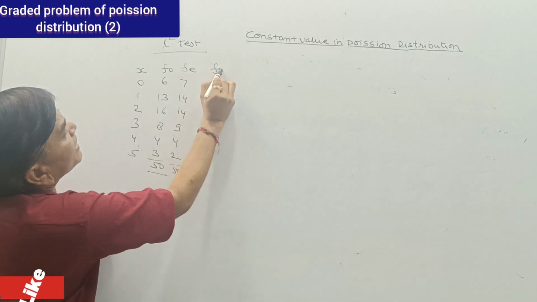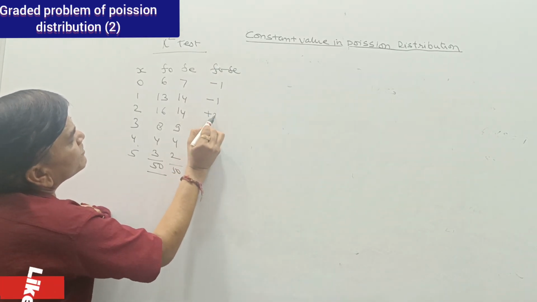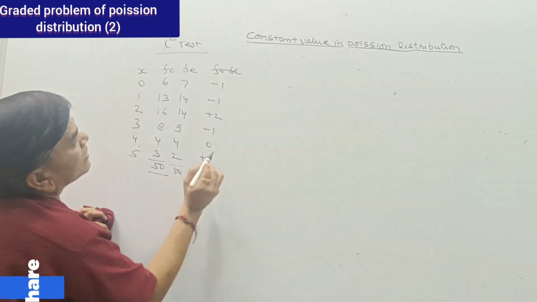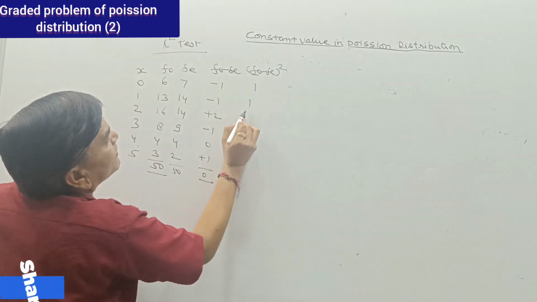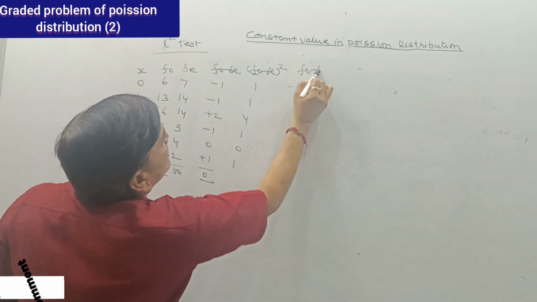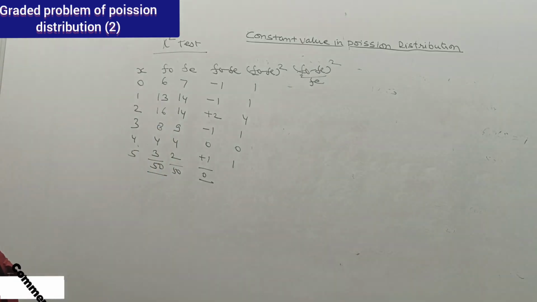So original minus estimated is minus 1, minus 1, plus 2, minus 1, plus 1. Original minus estimated squared is 1, 1, 4, 1, 0, 1. And for the chi-square test, original minus estimated squared divided by estimated.